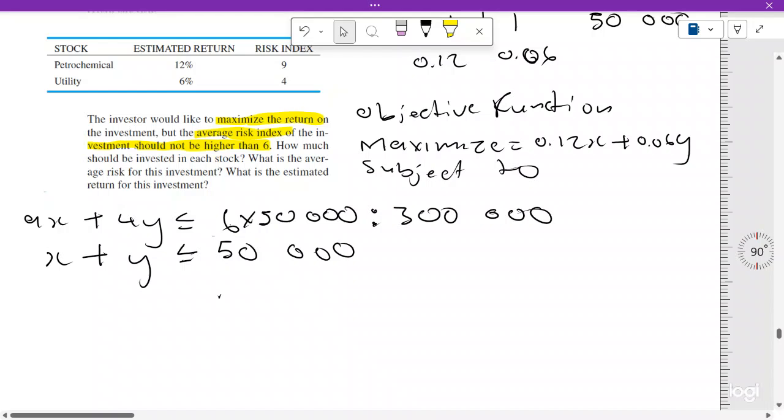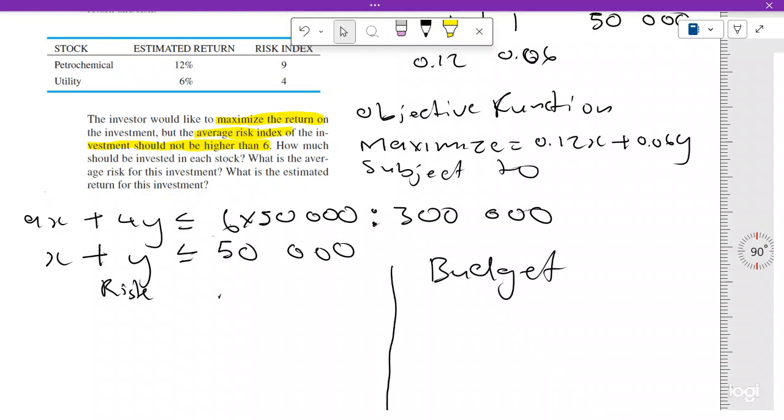So I'm going to find the space here to write now. I'm going to join two formulas. x plus y minus 50,000 equals 9x plus 4y minus 300,000.